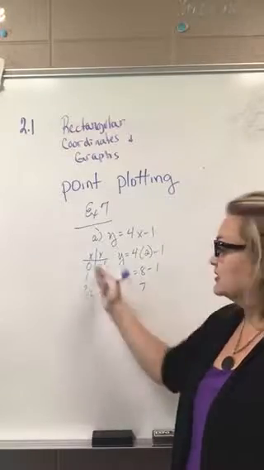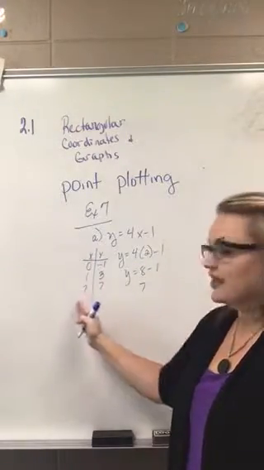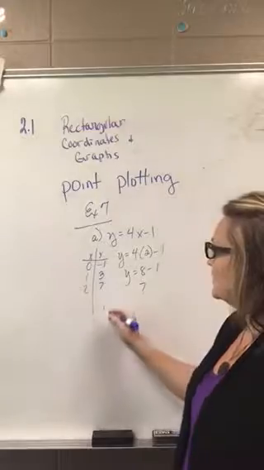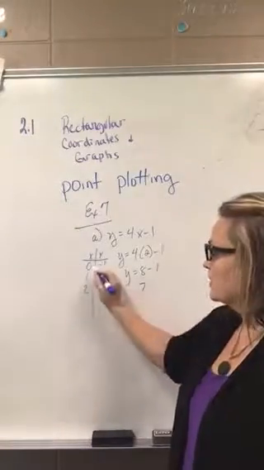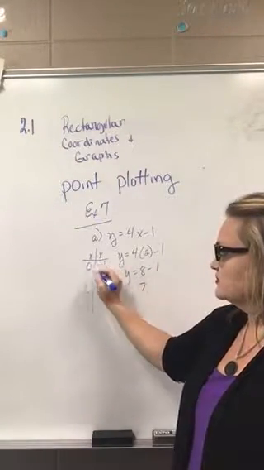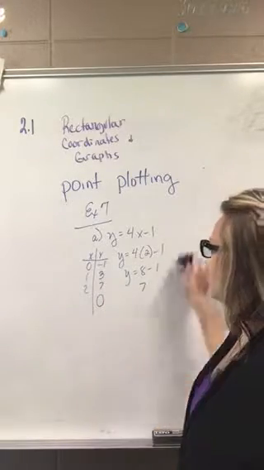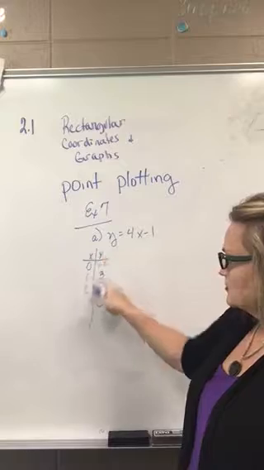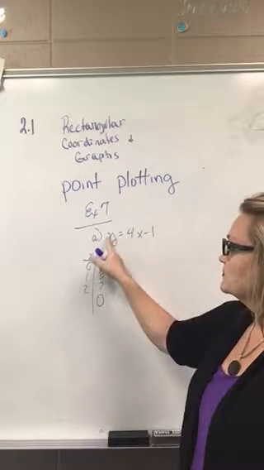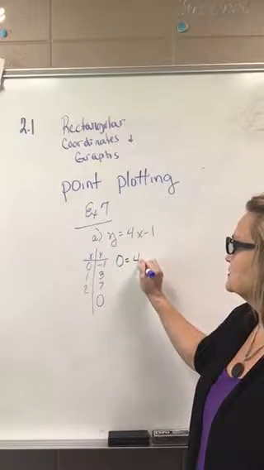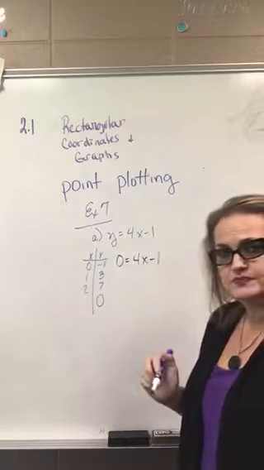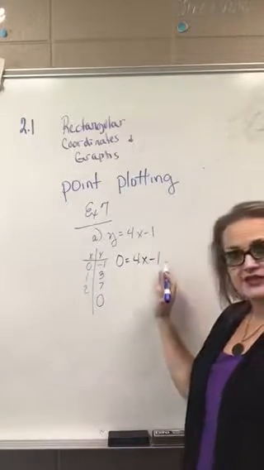I can also plug in on the y side and find the x values, and sometimes you want to do that. I've got my y-intercept, 0 for x. What if I plug in 0 for y? I'd like to know the x-intercept. So I can plug in from the y side as well. It's just a little harder sometimes, but it's doable. So 0 equals 4x minus 1.